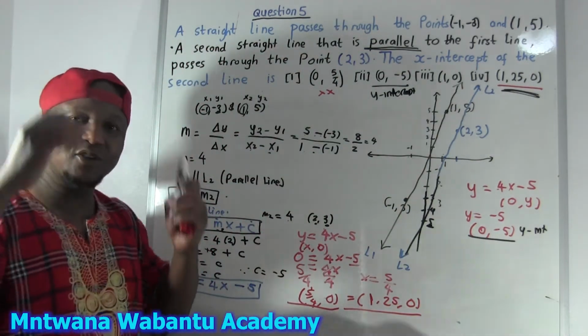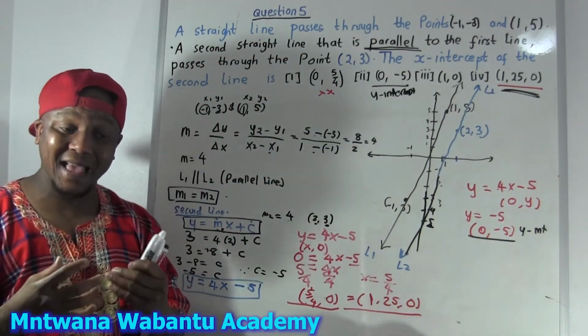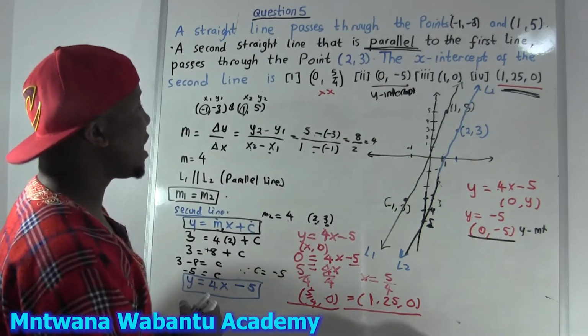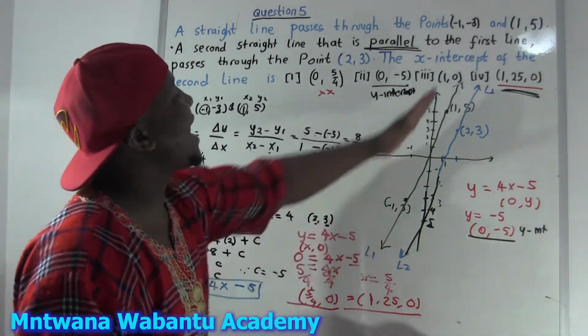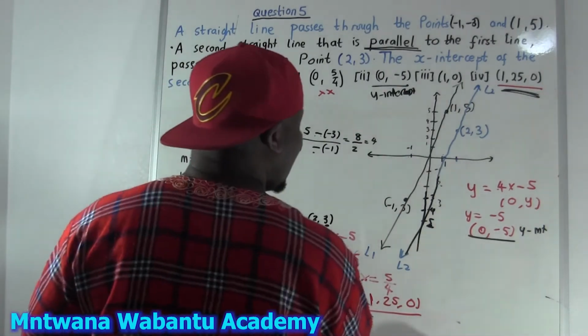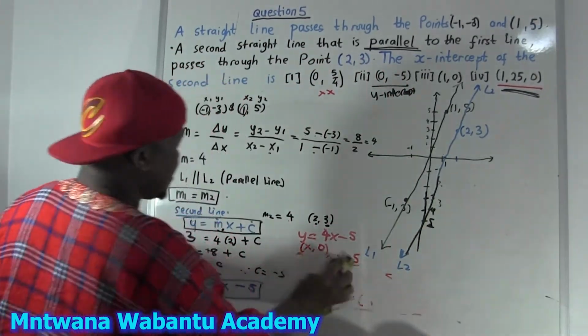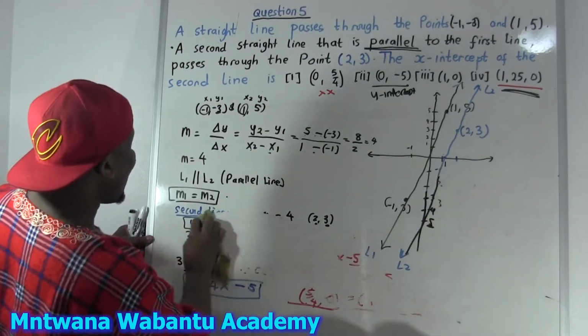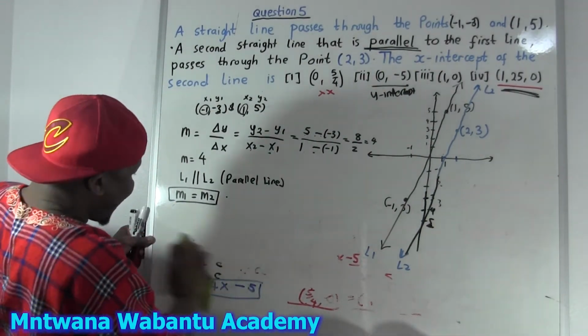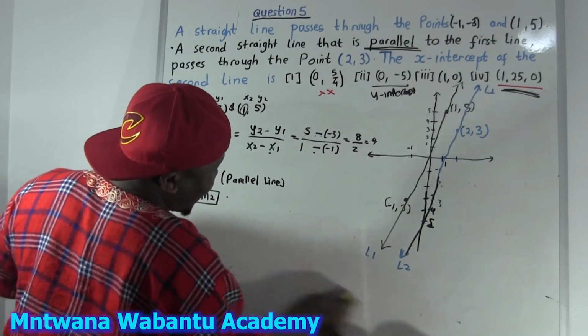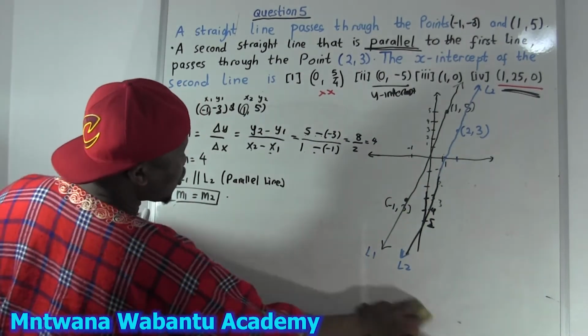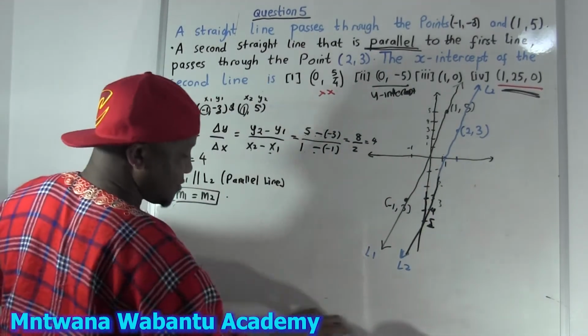So now, let me challenge you again. I want you to understand it's not about getting the answer and saying, oh, I'm done. Somebody might say, find the equation of line 1. The equation of line 1 is easy. Let me show you. I don't want to go to line 2. I can just start with line 1, because I have all the information. I had the slope of line 1.